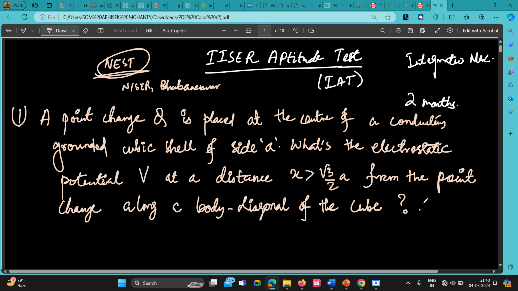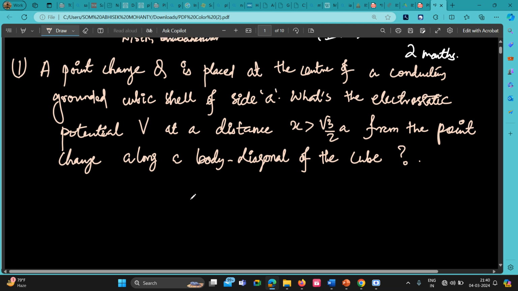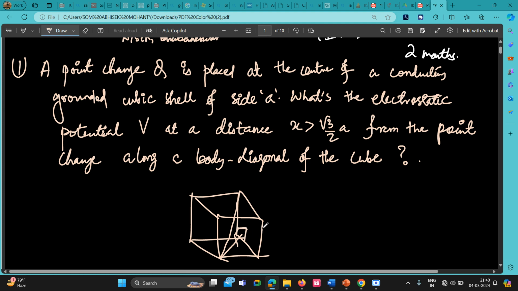So the diagram is like this. This is a perpendicular. This is the point where you have to find the electrostatic potential along a body diagonal.